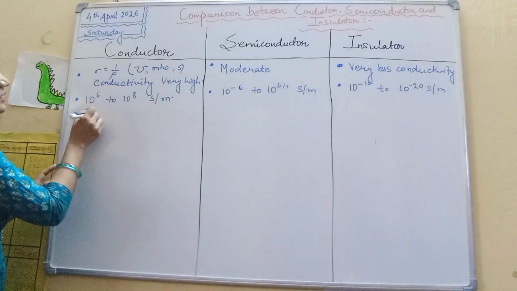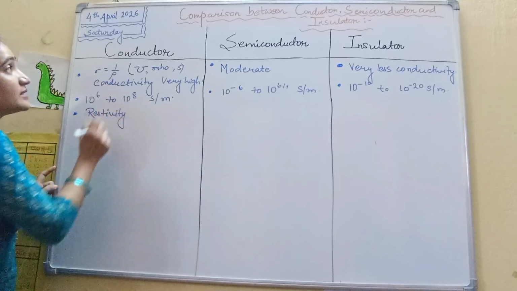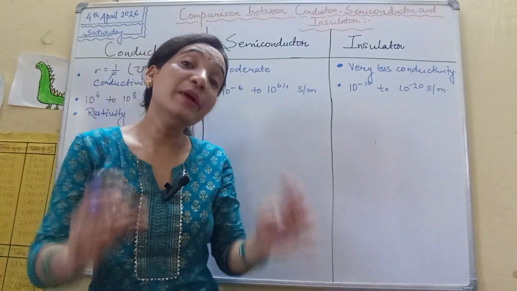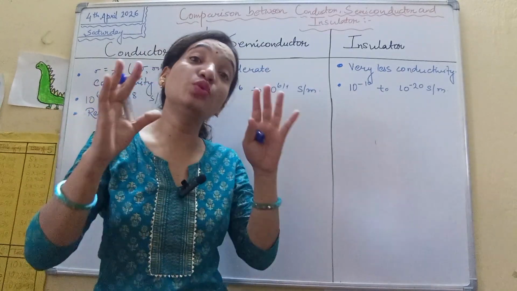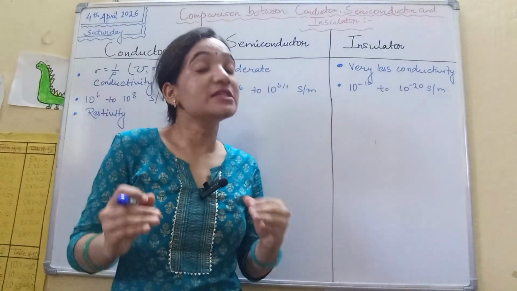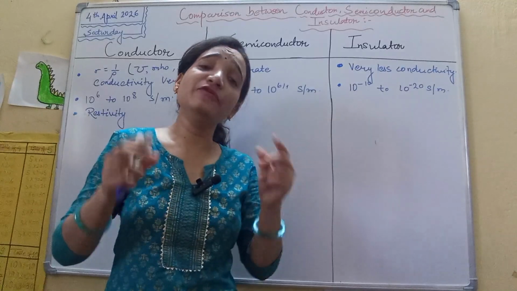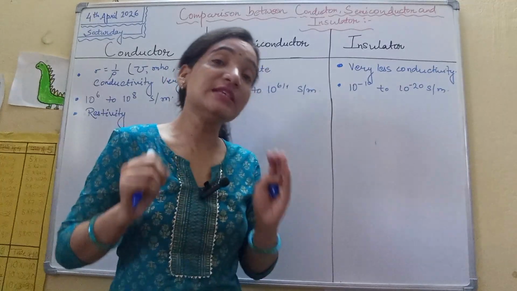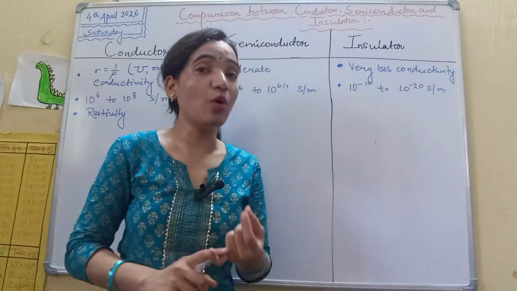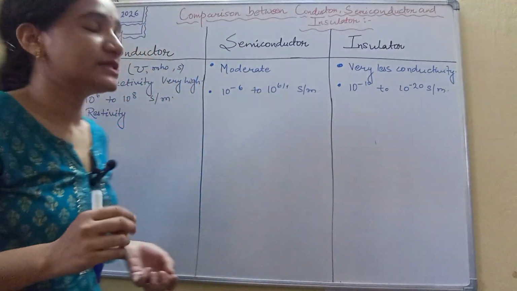Resistivity is the ability of the substance to resist the flow of charge. If the resistivity is high, less current will flow through that substance. If the resistivity is low, more current will flow through the substance.